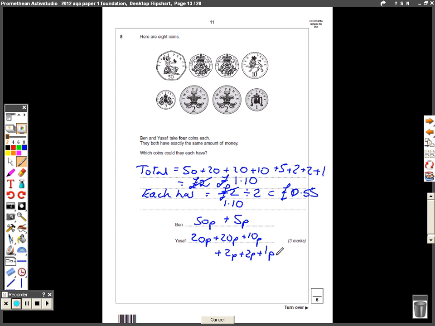Quick check. Ben 50 and 5, 55. Yusuf 20, 20 and 10, 50, 2, 4, 5. So they both come to 55p. There will be other ways of doing it, but we're only asked for one way of doing it.